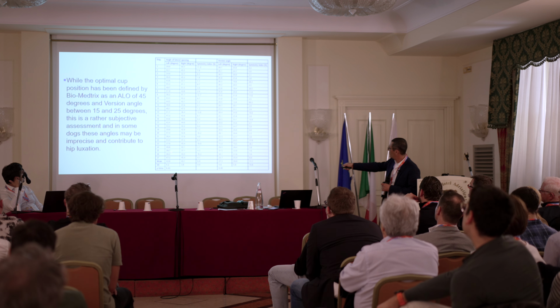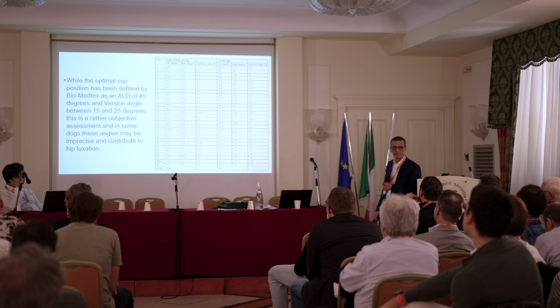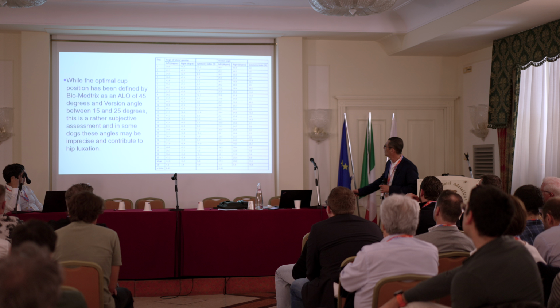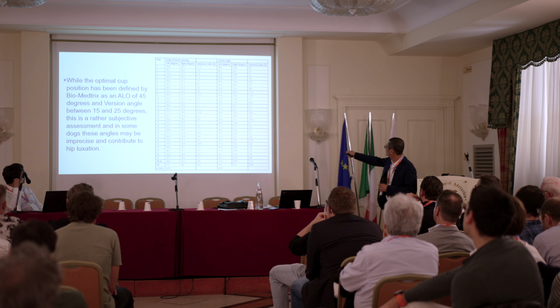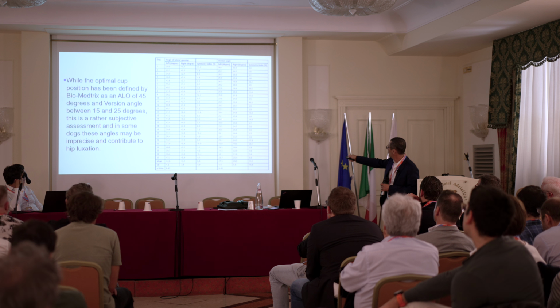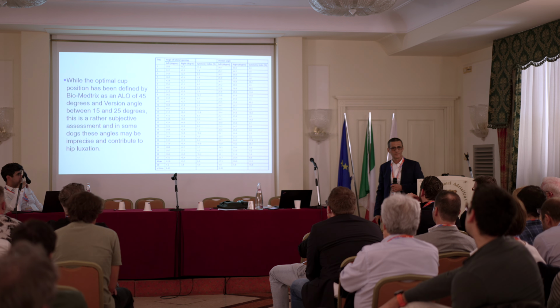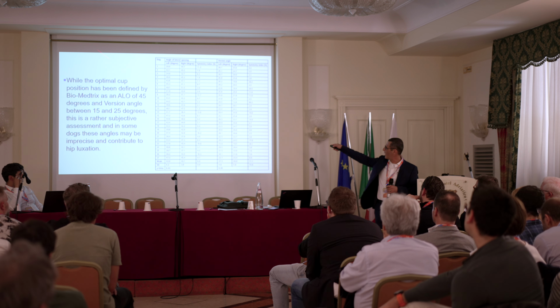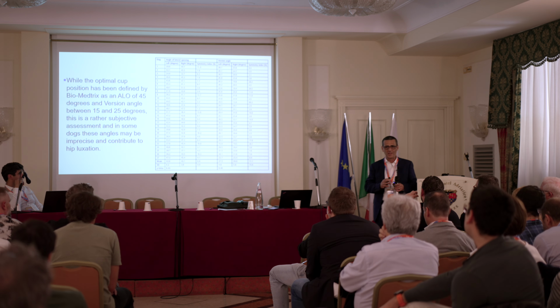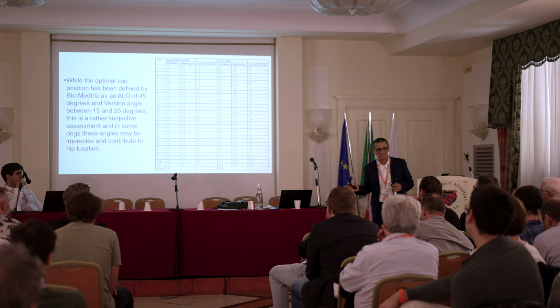And if you look, this dog has 35, not 45, 10 degrees different. Another one, version angle. This is 20, this is 34. It means we apply a standard approach, standard degrees, for different dogs.